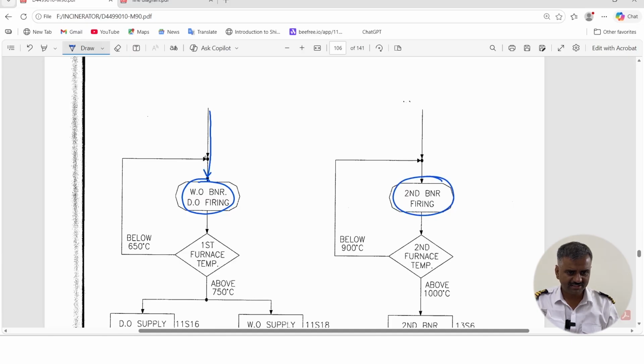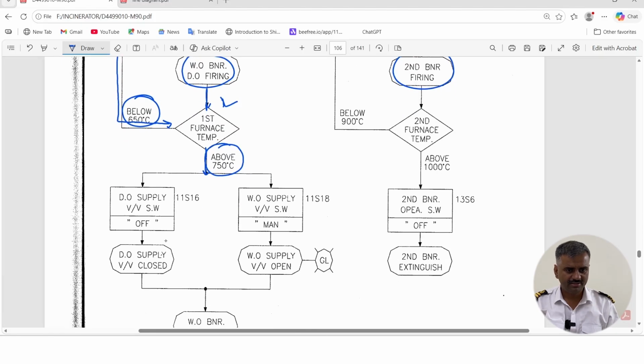I consider the temperature here was below 650 because I have just started my incinerator. The temperature is below 650 degrees centigrade in the first furnace. Since the temperature started rising, it went up to 750 degrees centigrade.